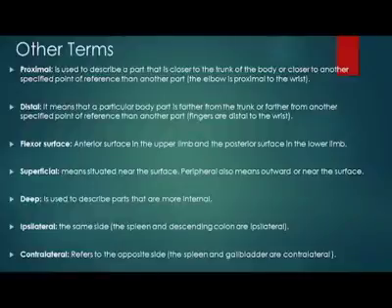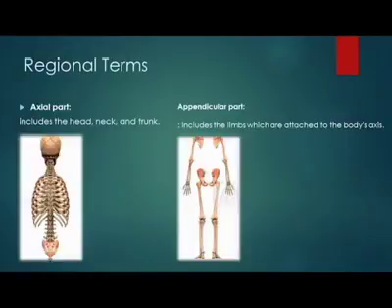Then we are going to the regional terms. The whole body can be divided into 2 types. First one is axial part, second one is appendicular part. What's the difference? Axial part includes the head, neck, and trunk.